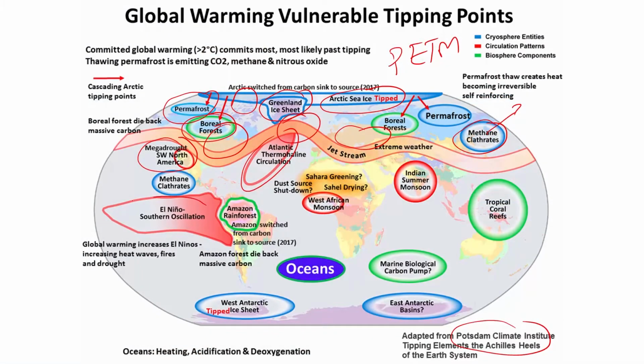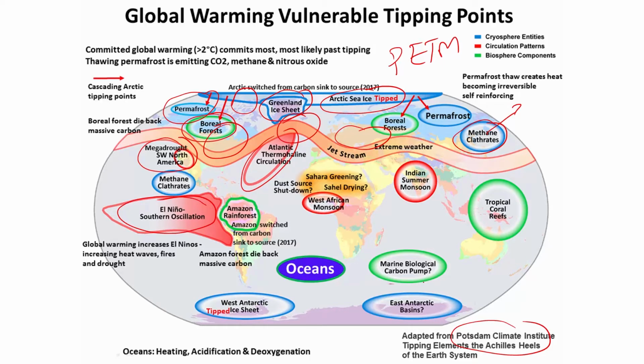We have no idea how the El Niño Southern Oscillation will respond to global warming, but it could go into a permanent El Niño state or a permanent La Niña state. If so, what will be the consequences? Right now there is some evidence that global warming increases the El Niños and related heat waves, fires and droughts. Amazon rainforest remains a concern.